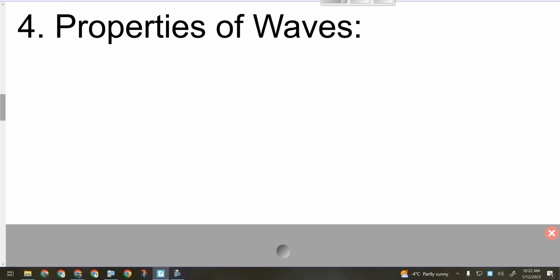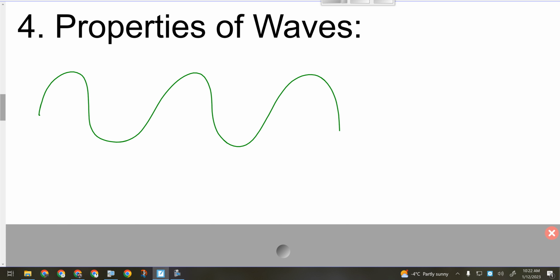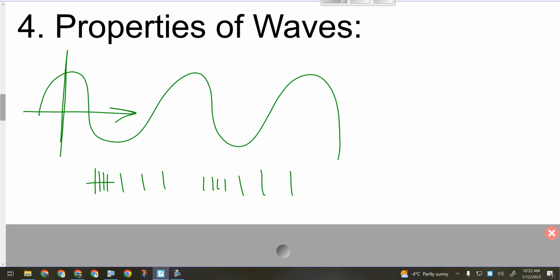In a transverse wave, which looks like this, the disturbance is perpendicular to the direction the wave travels. In a longitudinal wave, the disturbance is backwards and forwards, and the wave travels parallel to the disturbance.